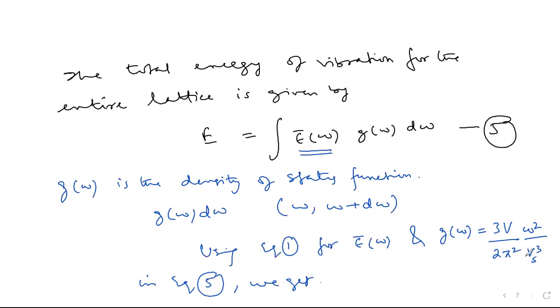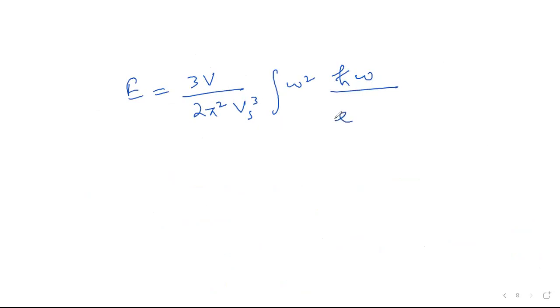So when we do this in equation 5, we get E equal to 3V by 2 pi square Vs cube integral omega square h bar omega by e raised power h bar omega by kT minus 1 d omega.